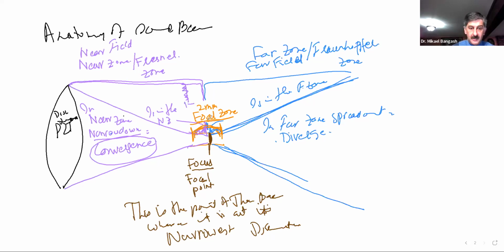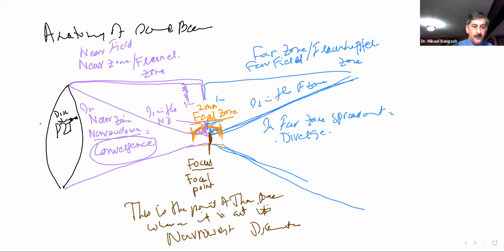The first millimeter of your focal zone will fall into the near zone. The remaining 1 millimeter of the 2 millimeters will fall into the far zone. Did that make sense?